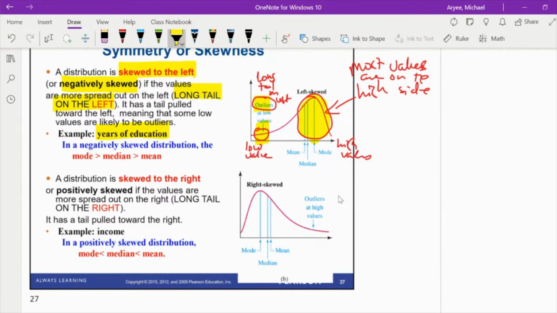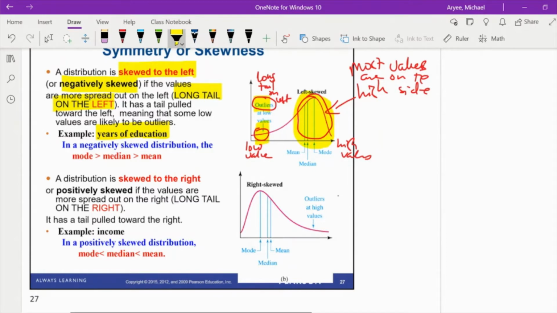You're talking about a lot of people with college degrees, either bachelor's, master's, and PhDs, postgraduate degrees. So there are more people who have higher values than low values.